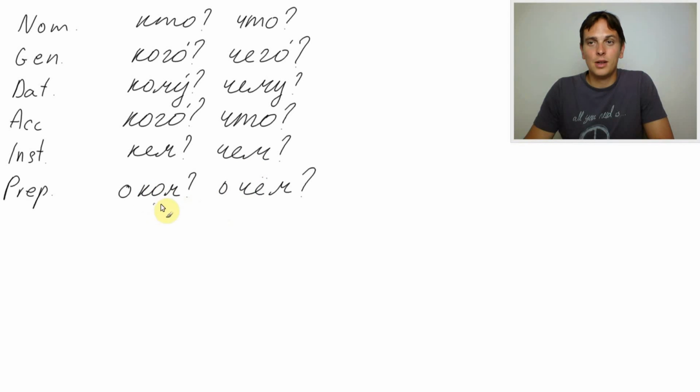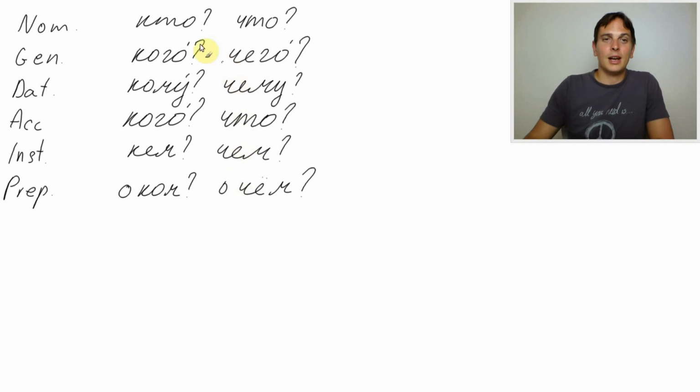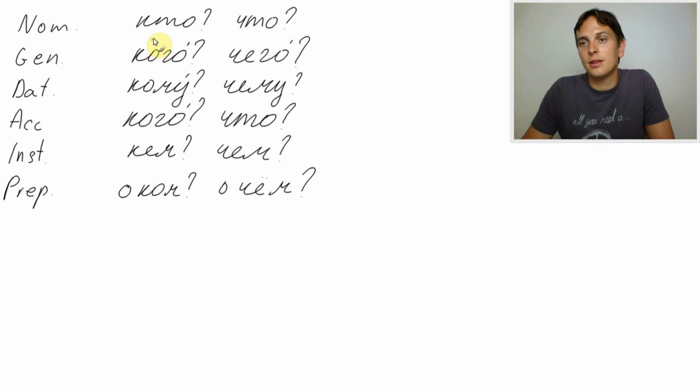О ком? О чем? And a little bit faster. Кто? Что? Кого? Чего? Кому? Чему? Кого? Что? Кем? Чем? О ком? О чем?